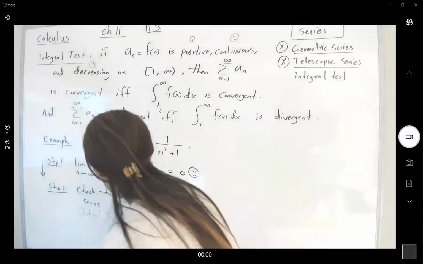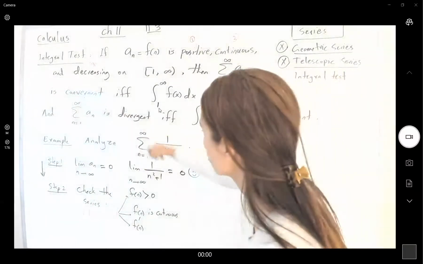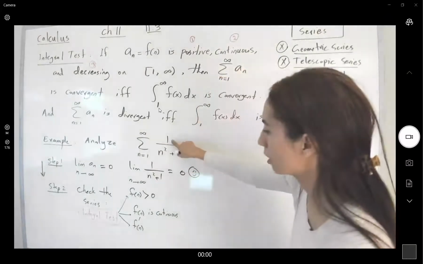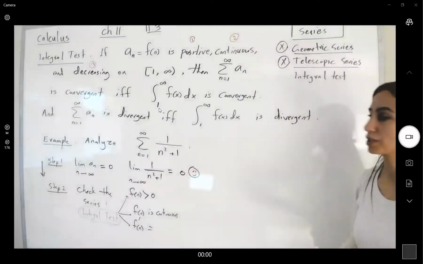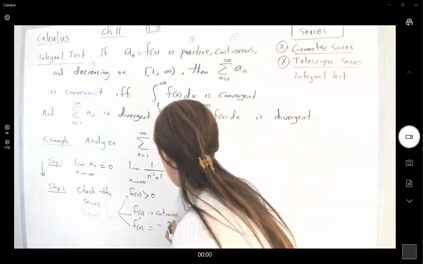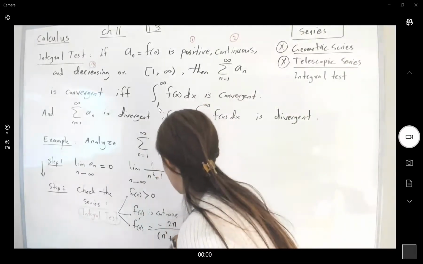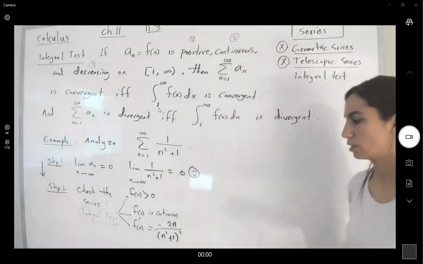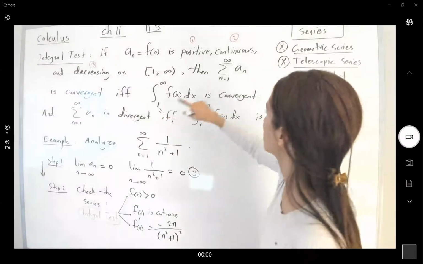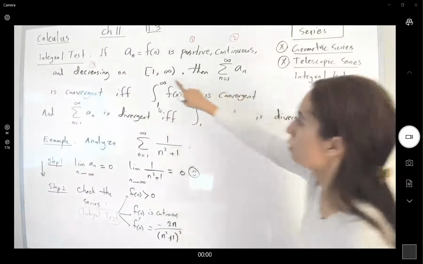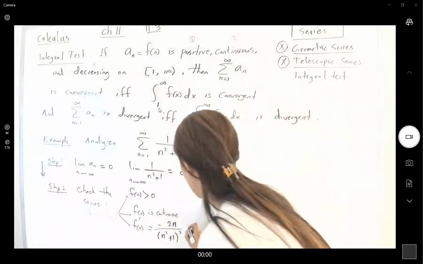So the derivative of f is going to be, using the quotient rule, the derivative of 1 is 0 times n squared plus 1, which is 0, minus 2n divided by n squared plus 1 squared. On the numerator, I have a negative sign, and my domain is 1 to positive infinity, so this is definitely negative.